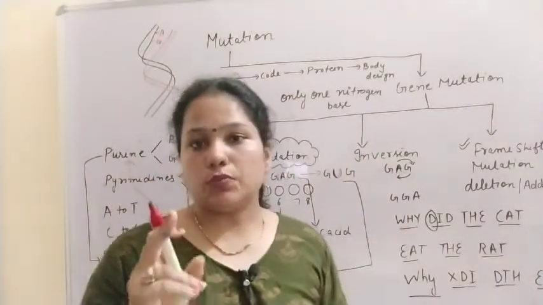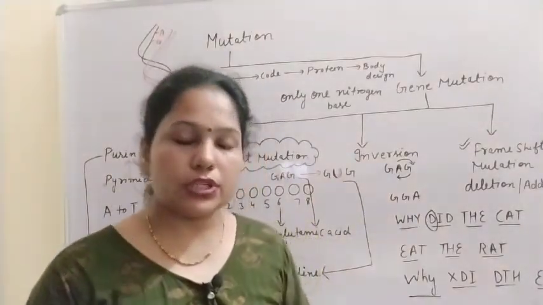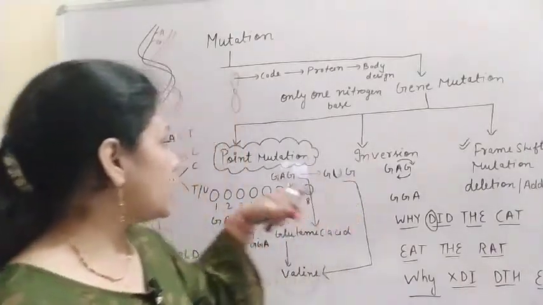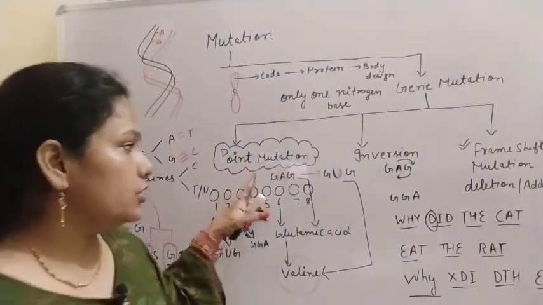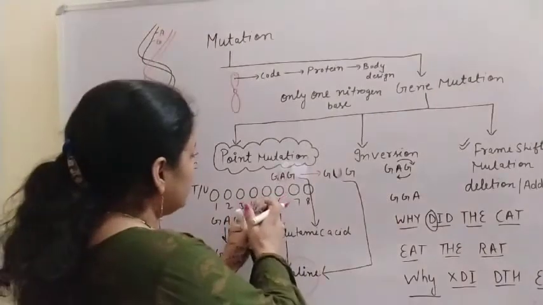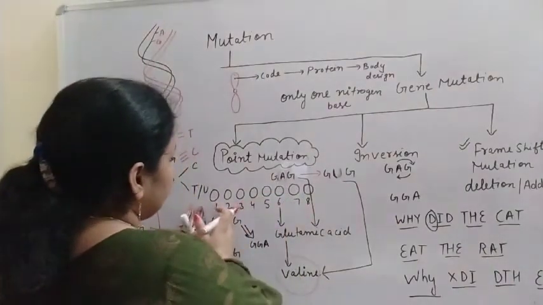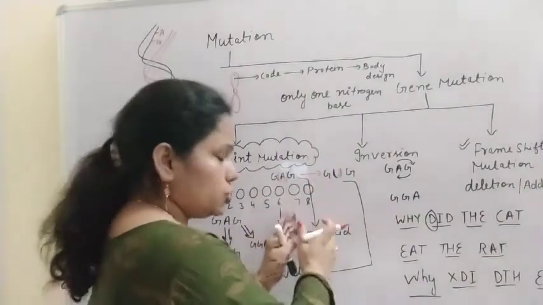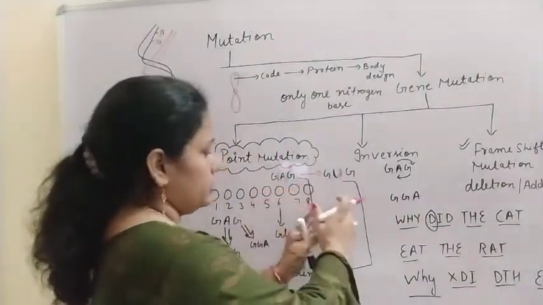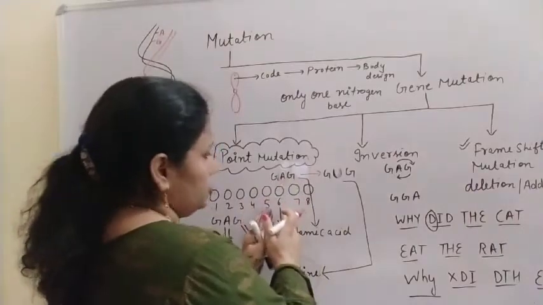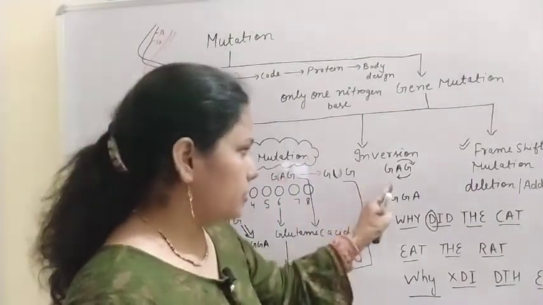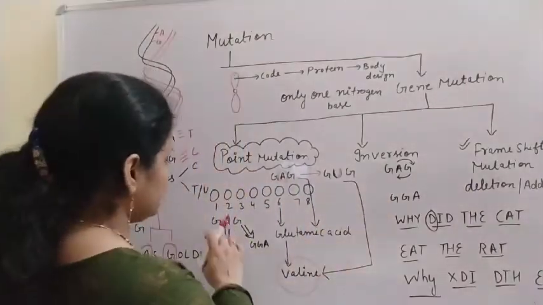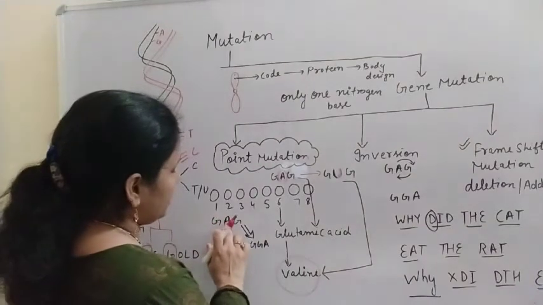But we have to remember this thing, both in case of inversion and in case of point mutation, that before the sixth position and after the sixth position there is no change in the amino acid, only at this sixth position. For inversion also, suppose the sixth position is GAG.